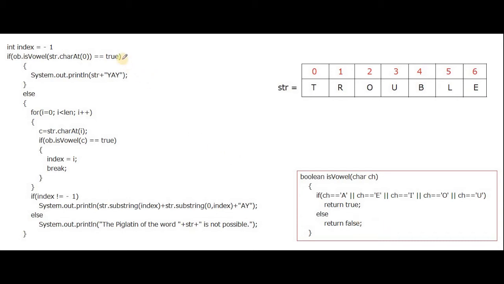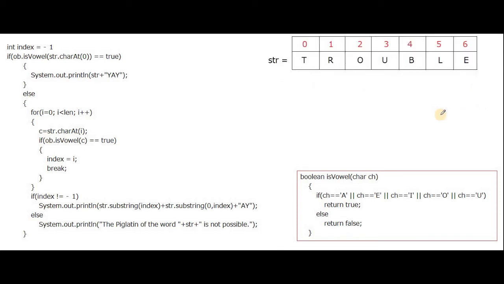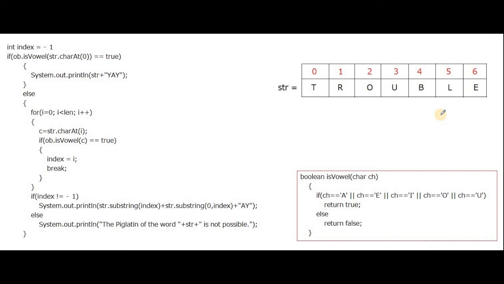Since it is returning false, the else part is executing. In the else part, first is i equal to 0. Normally, as in most string programs, the loop runs from the 0 position, from here to here, and all the characters are extracted one by one. At the time of extracting, first it extracts the i position, so i is first 0.